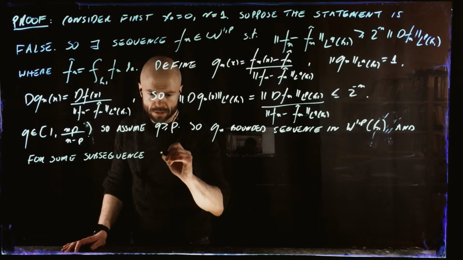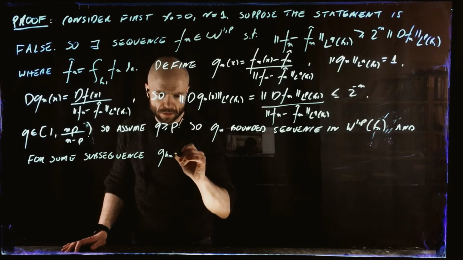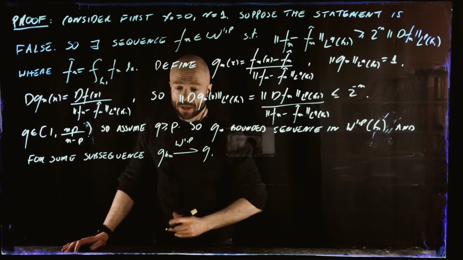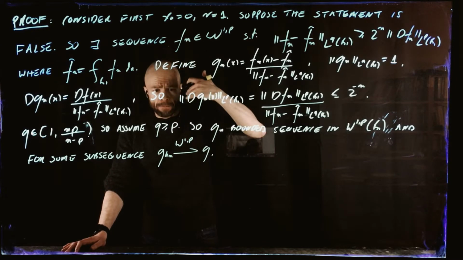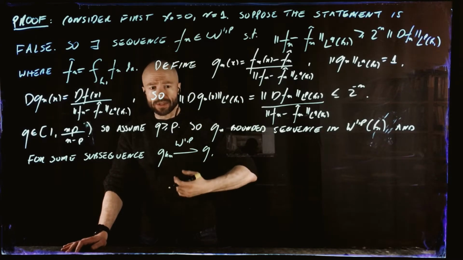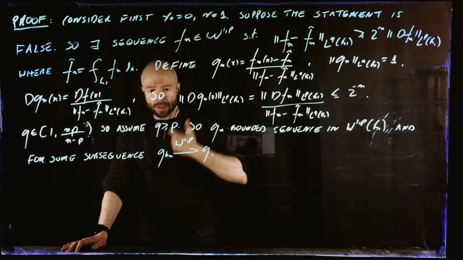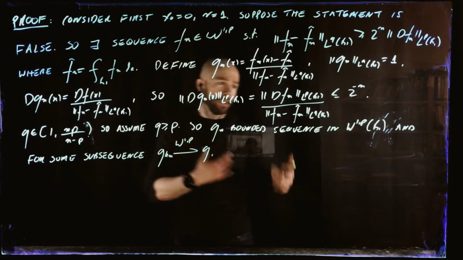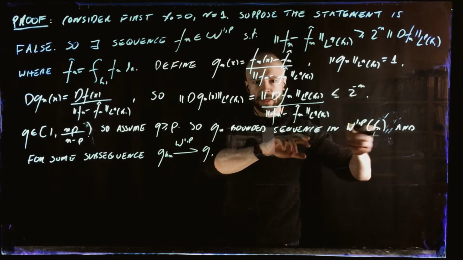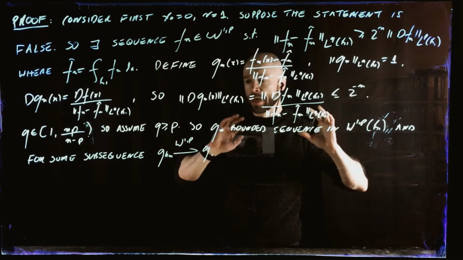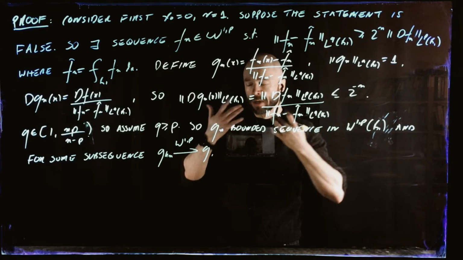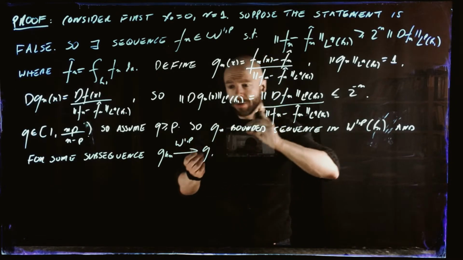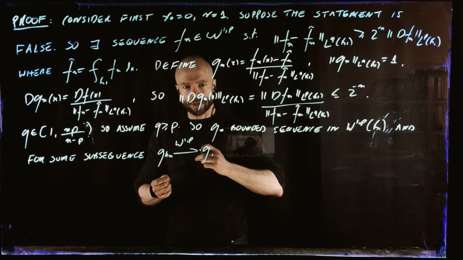We have g_{k_n} converges weakly in W^{1,p} to g. And as I've said before, we can also assume that the subsequence is such that the functions converge strongly, because by the Rellich compactness theorem, once we have that the gradients are uniformly bounded in L^p, then for some subsequence the actual functions themselves will converge strongly in L^q, where q is anything less than the Sobolev exponent.